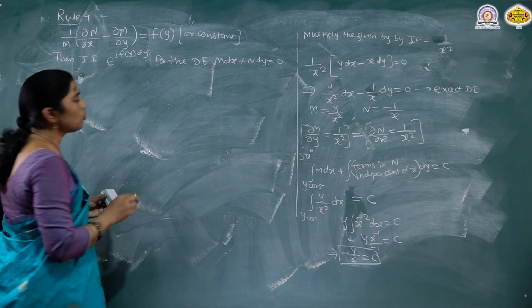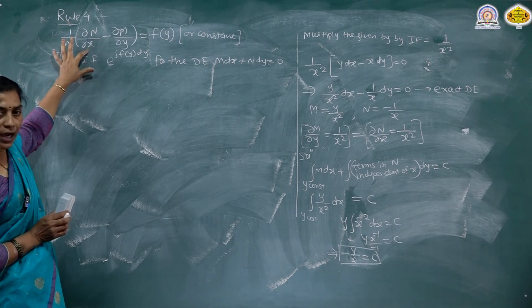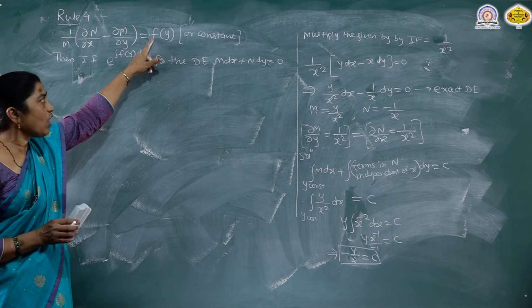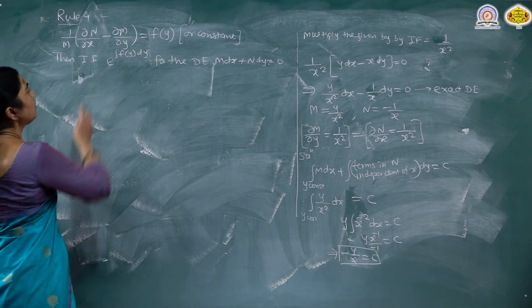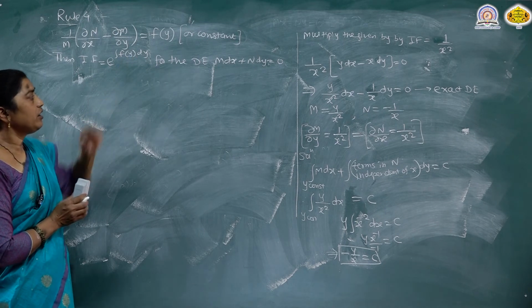So this is the fourth rule. If we get 1 upon m into bracket ∂n/∂x minus ∂m/∂y as a function of y alone, then the integrating factor is always e raised to integral f(y) dy.